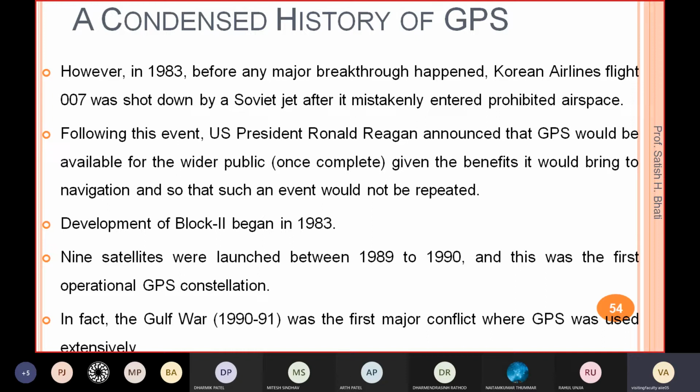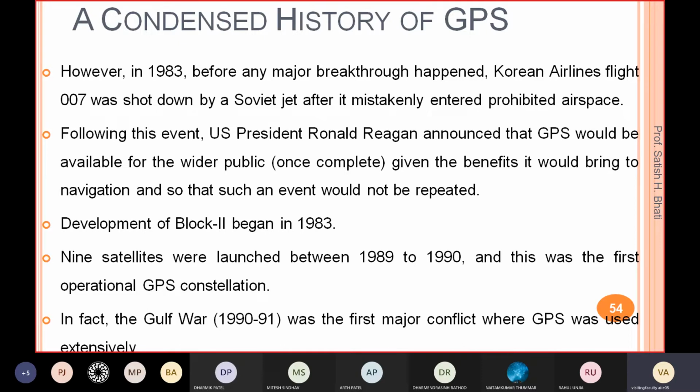After this incident, US President Ronald Reagan announced that GPS would be made available to the wider public once the project was complete, so that such kind of accident will not happen.